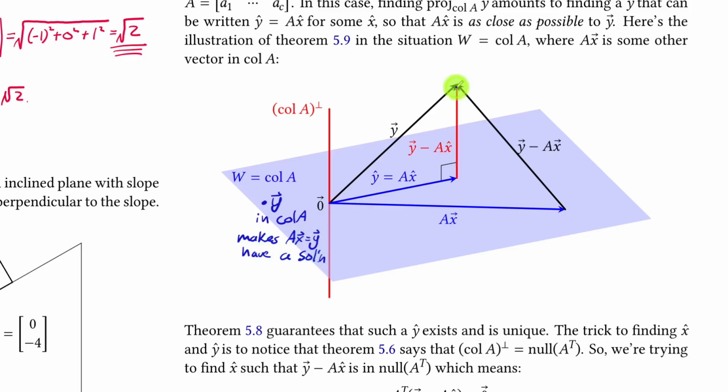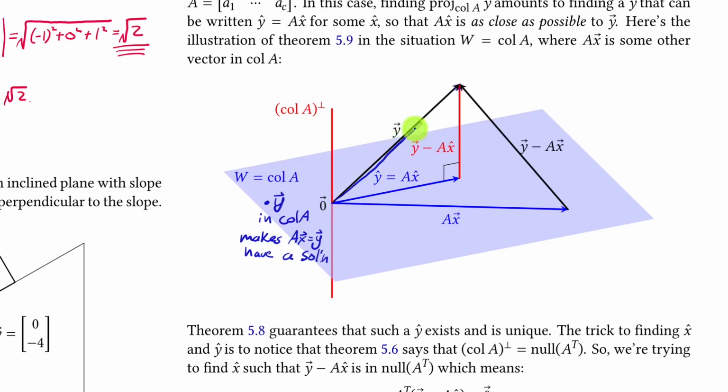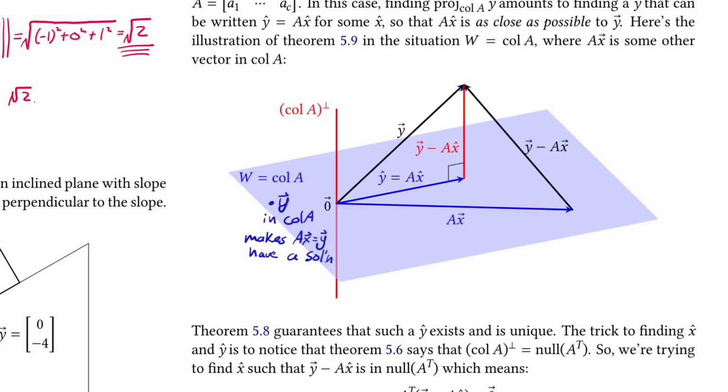But if you have a vector y over here that is not in the column space of A, meaning it is not able to be written as a linear combination of the columns of A, then maybe we can get Ax to be as close as possible to y.